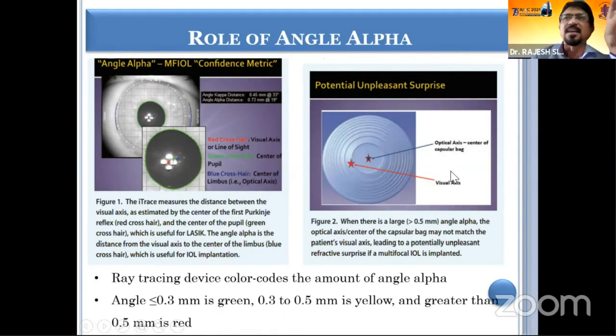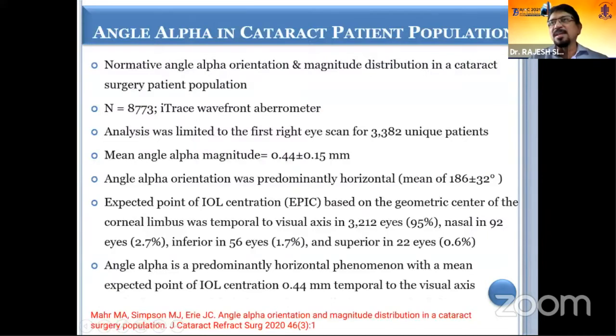So this is a gray zone wherein if you have an angle alpha of 0.3 to 0.5, then you have to select the appropriate size of multifocal lens, because some of the current generation multifocal lenses have a 1.3 millimeter central zone, and in that case, the basic idea is that the IOL should be centered in such a way that the angle alpha should be half of the central optical cylinder.